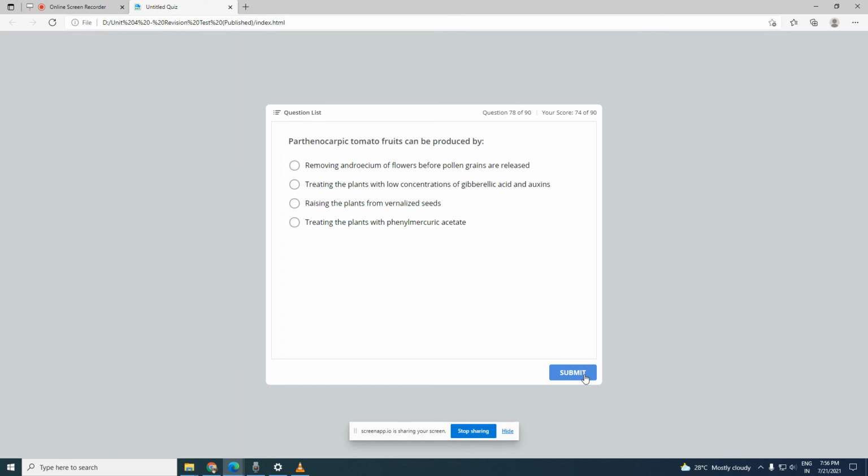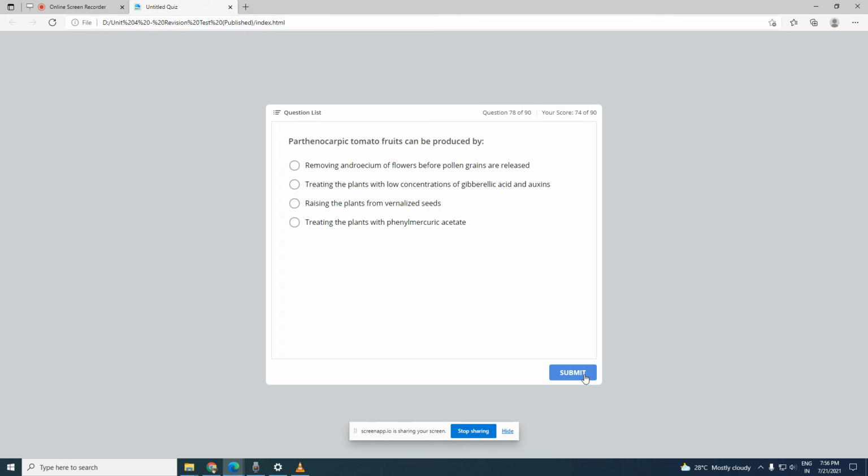Parthenocarpic tomato fruits can be produced by removing androecium of the flowers before pollen grains are released, treating the plants with a low concentration of the gibberellic acid and the auxins, raising the plants from vernalized seeds, treating the plants with mercuric acetate.